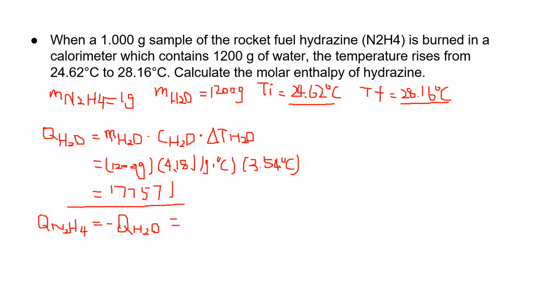And we get the answer of negative 17.757 kilojoules. So remember, we have to convert the unit from joules to kilojoules. And also I have changed it to a negative value since this represents our system heat change.